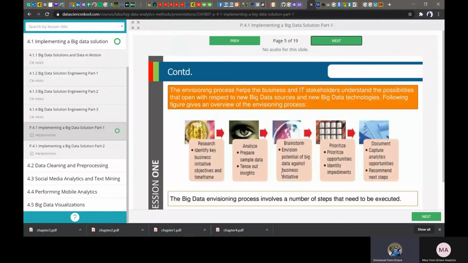After we brainstorm, we have come up with ideas, so let's prioritize the opportunities and identify the impediments, that is the risks. The last step is document: capture analytics opportunities and recommend the next step. The big data envisioning process involves a number of steps that need to be executed. So let's see the next slide.